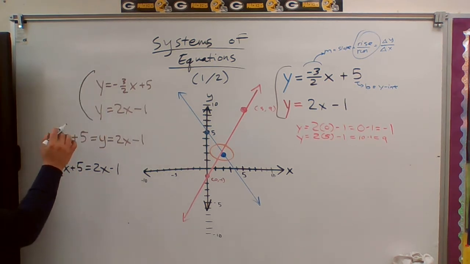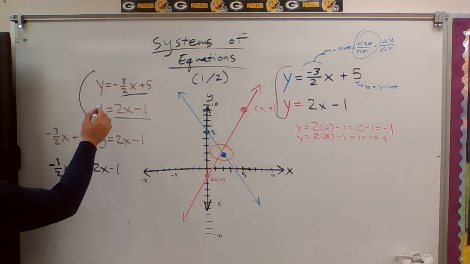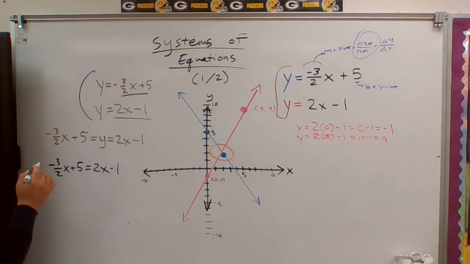I've substituted in this 2x minus 1 for that y, or if you want to look at it the other way, that -3/2 x plus 5 for that y. And now I can combine like terms and solve this.